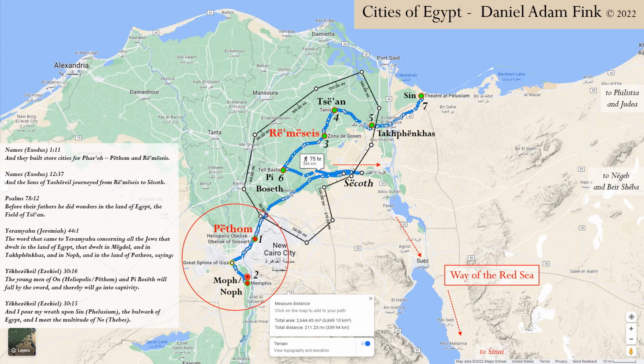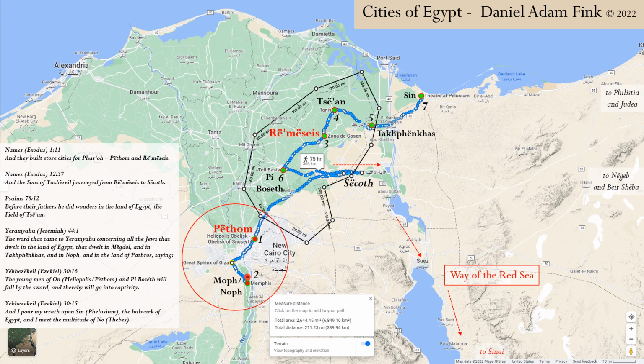Pithom is the temple of On. "And Bosset," that's Bubastes, "will fall by the sword and thereby will go into captivity." So you have the majority of the names of any cities mentioned in the entire Bible within Egypt, all on this map, and how they relate to Canaan and the biblical Hebrews.